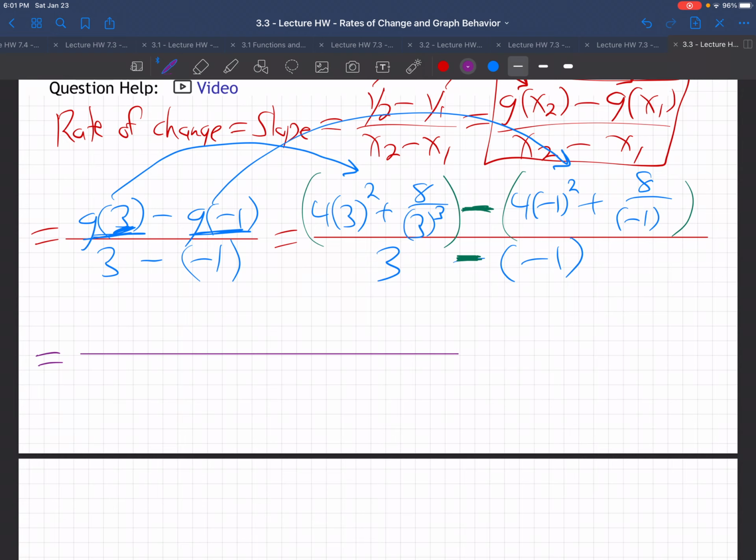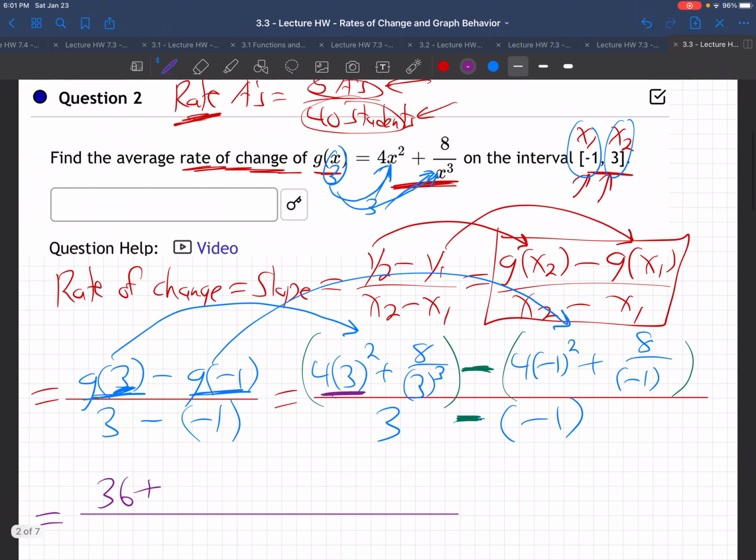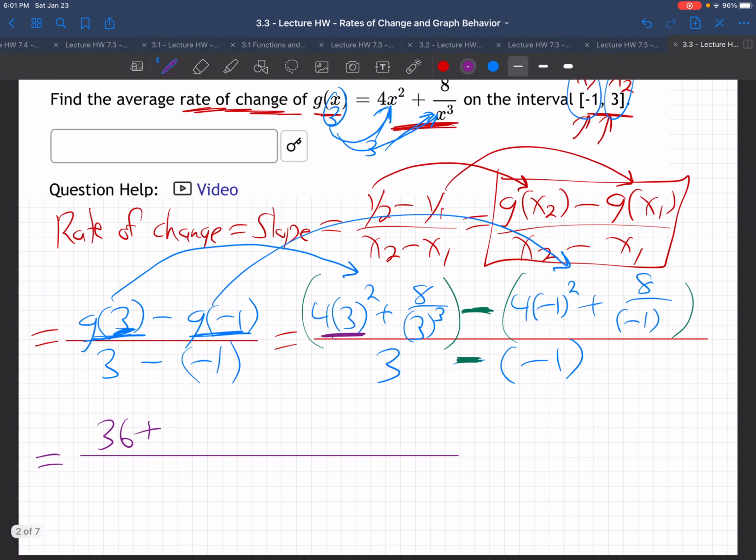Looks like we have 4 times, just use your calculator, 4 times 9, that'd be 36, plus, do they want a decimal on this one? I think a decimal would probably be fine on this one. So this is going to be 8 divided by 27 minus, and let me see here.